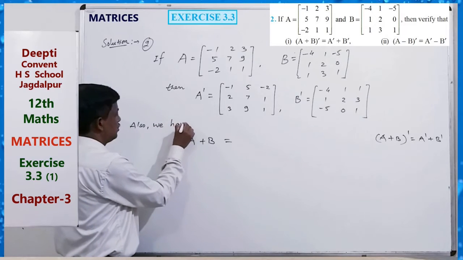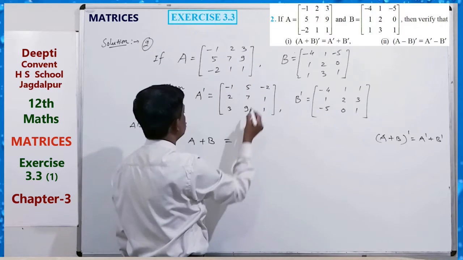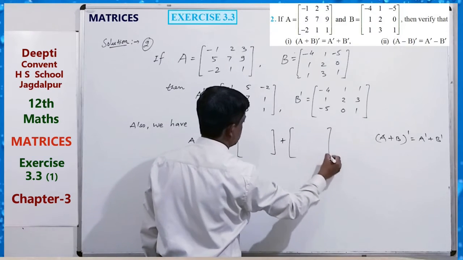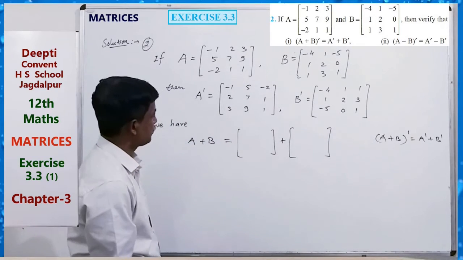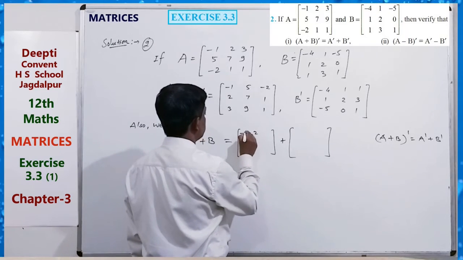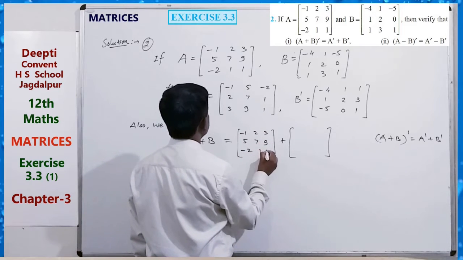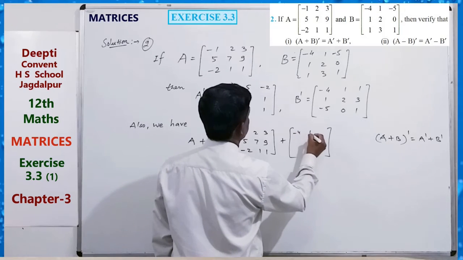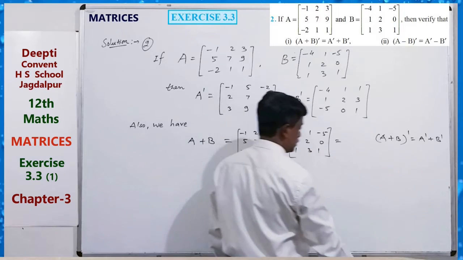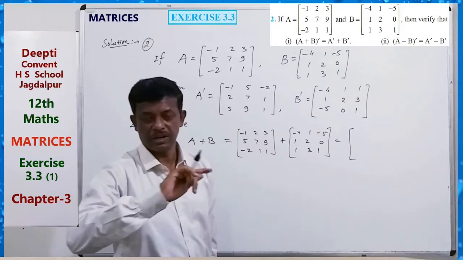So here we have the sum of these two matrices A and B. Write them one by one and add them. The sum is that the corresponding elements are summed.